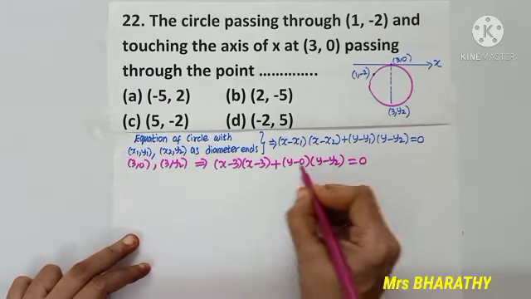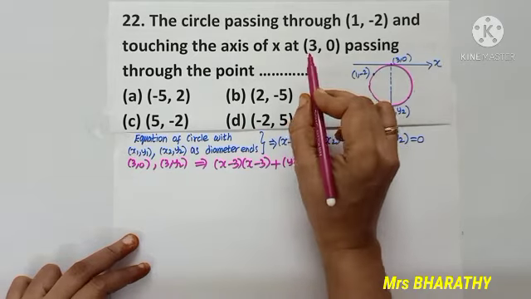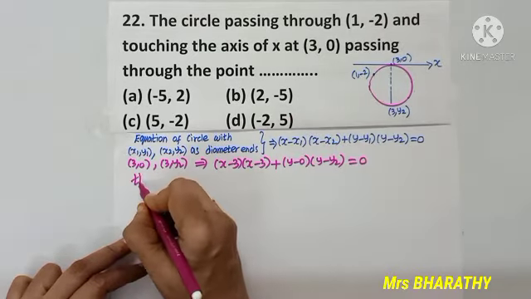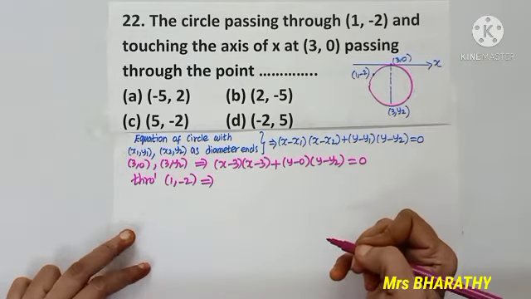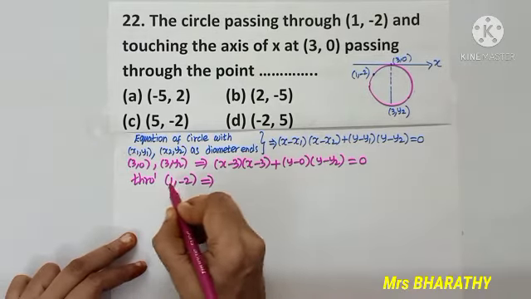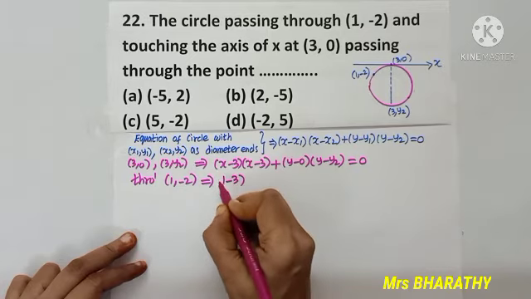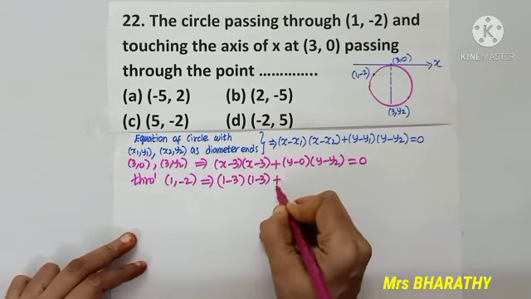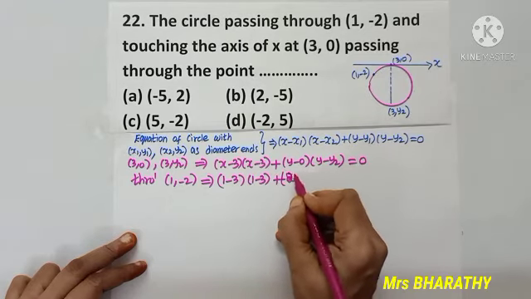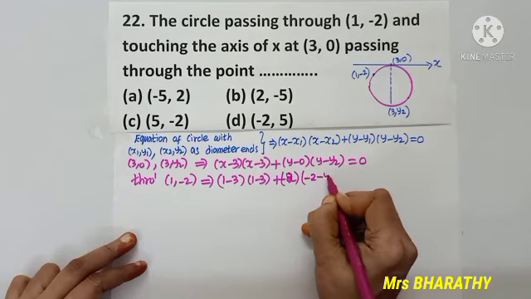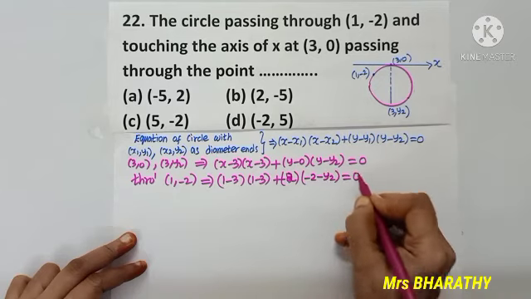But this circle is passing through 1 comma minus 2. So as I know, it is passing through 1 comma minus 2. Wherever x comes, put 1. 1 minus 3, 1 minus 3 plus y is minus 2.